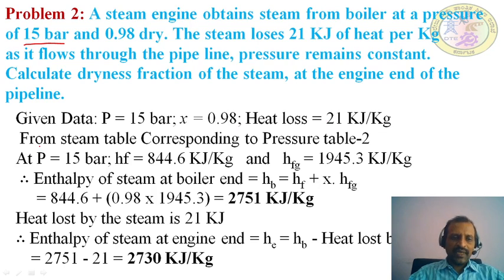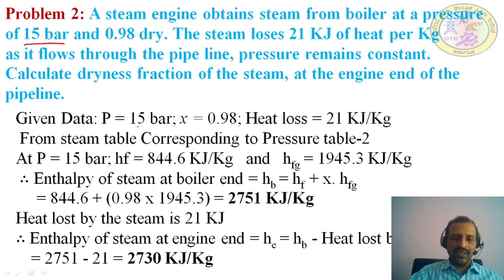Now referring to the steam table, corresponding to pressure, table 2. As I said, there are 5 tables in the steam table book. So now you have to refer to table 2. Table 2 is wherein the pressure is given. With respect to the pressure, the properties of the steam are calculated and tabulated.